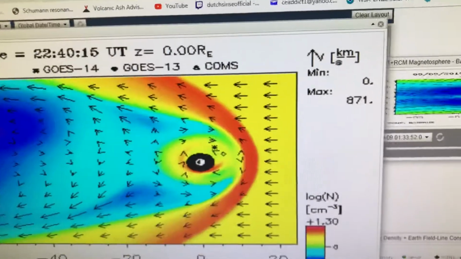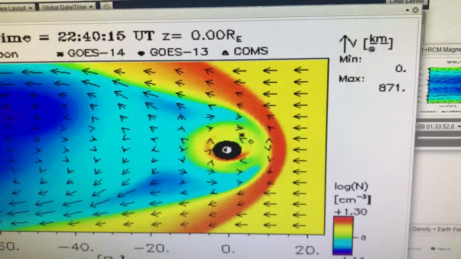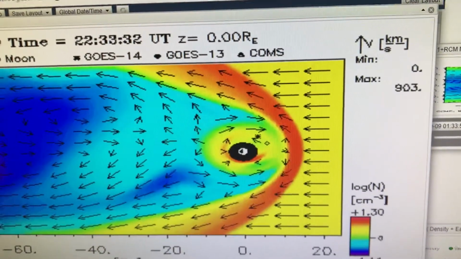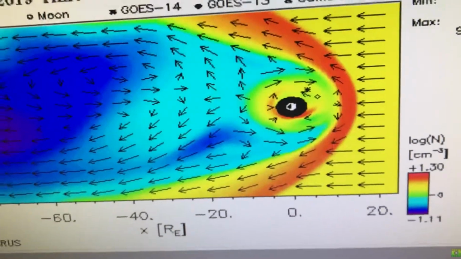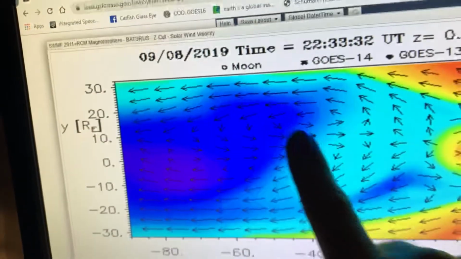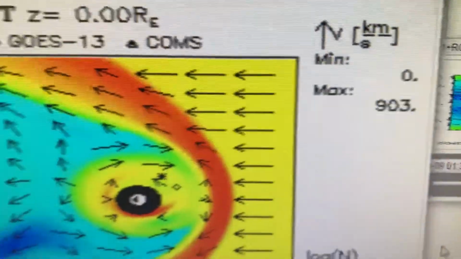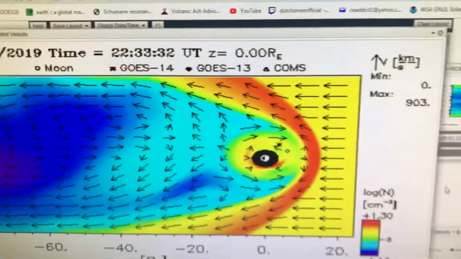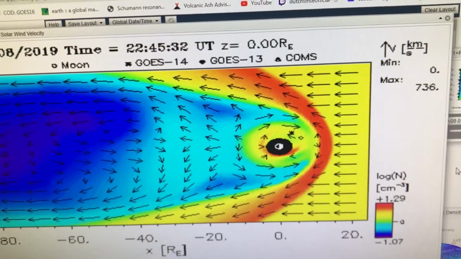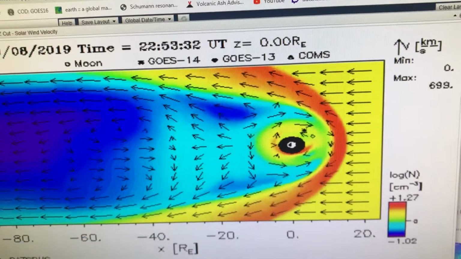Your wind speed's high, because I think this is the beginning, where that black polar cap line was coming in and starting to connect. Right, that was right there. Where that black polar cap line came in the back, that's right here. This is making the wind speed increase. 800 still. It's getting ready to do it.